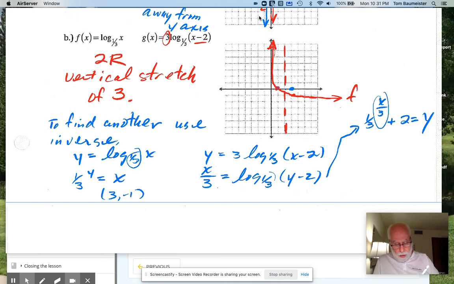So if I think about it, I can let x equal -3, because -3 divided by 3 is -1, right? 1/3 raised to the -1 is equal to 3. And then I still have that plus 2. So that will equal 5.